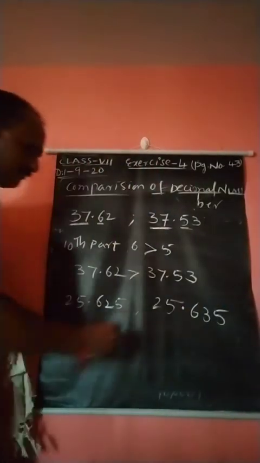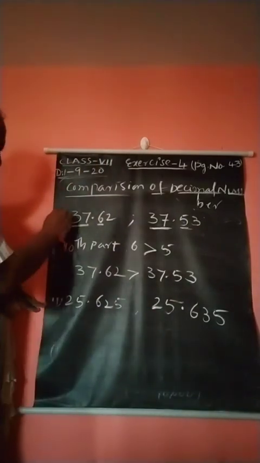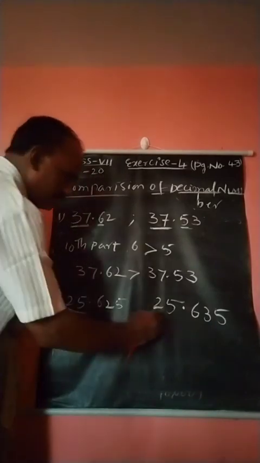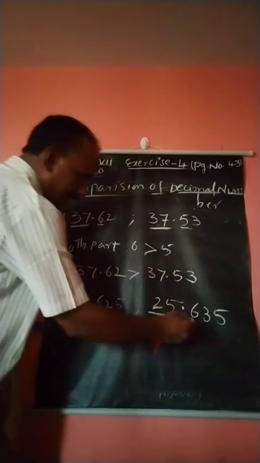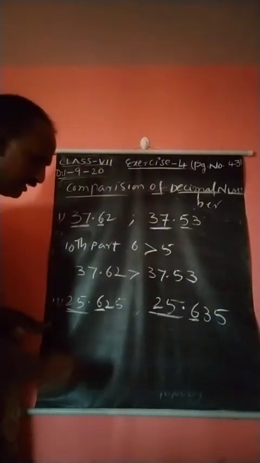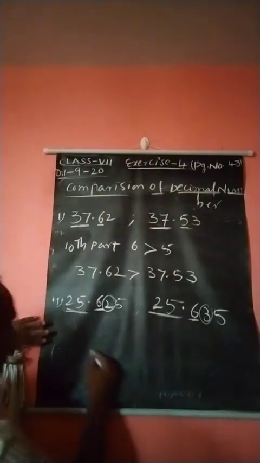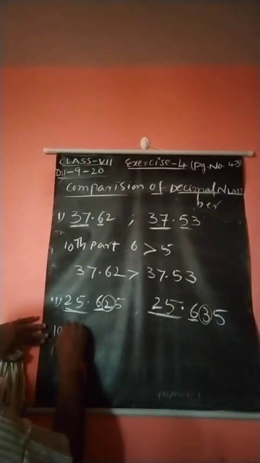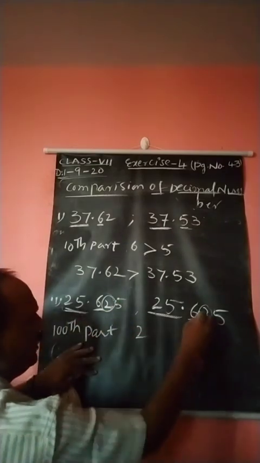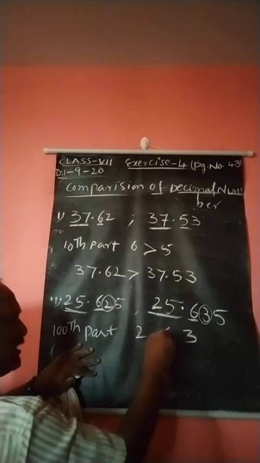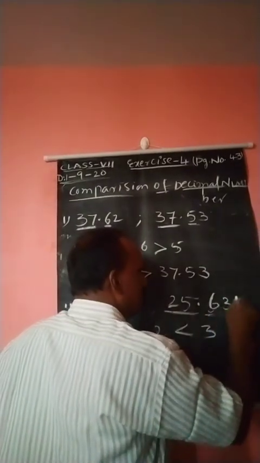Which number is greater? 25 and 25, the integer part is the same. The 10th part is 6 in both. Then the 100th part: here 2, here 3. 2 is less than 3.